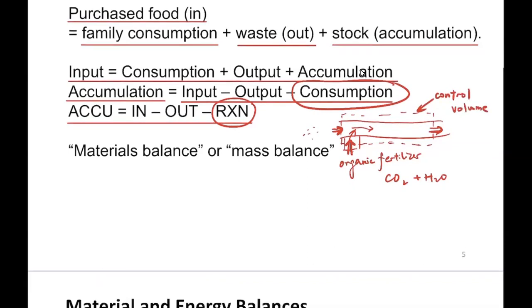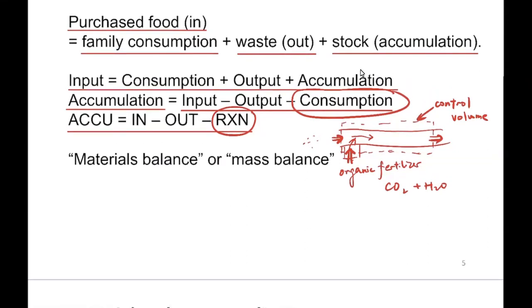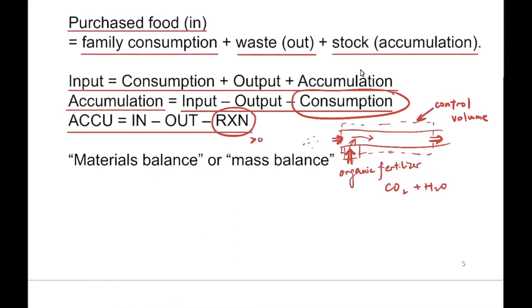Because of that, we can replace consumption by reaction, because reaction is the only way to consume these fertilizers. This equation works in a way that the reaction term is positive whenever there's consumption. But let's think about creation. The oxidation creates carbon dioxide and water.